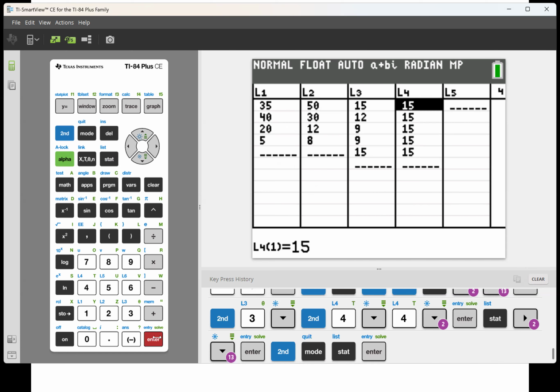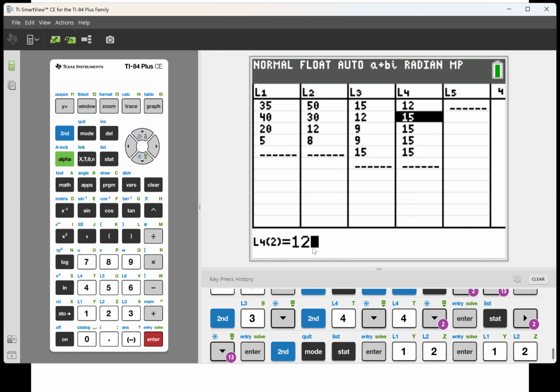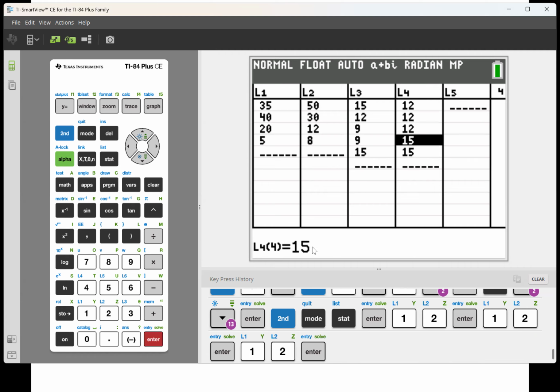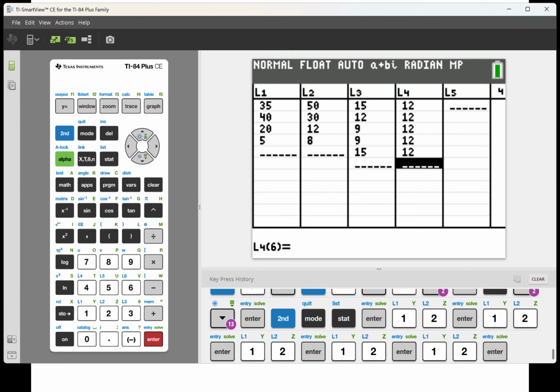15, 12, 9, 9, 15. Oh, L4 is completely wrong. If I take 60 and divide it by 5, I get 12. So my second list was entirely wrong. Okay, try this again.